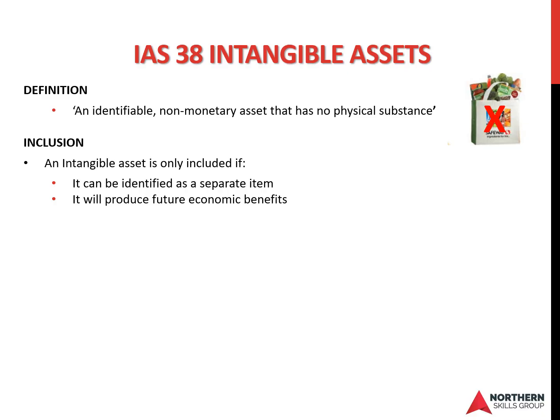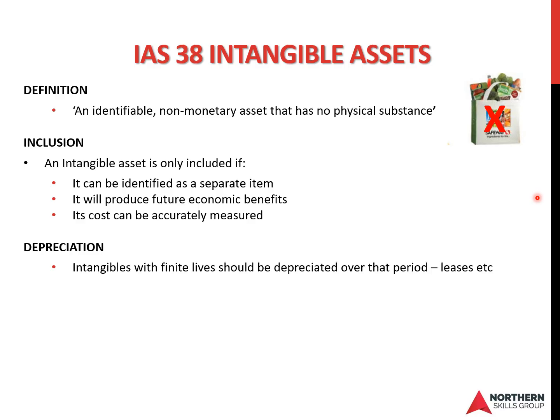Secondly, it's got to produce, as with any asset, future economic benefits. And thirdly, and most importantly, the cost of the intangible can be accurately measured, and it's that final criteria that results in several assets being excluded from the accounts because we can't accurately measure the cost.